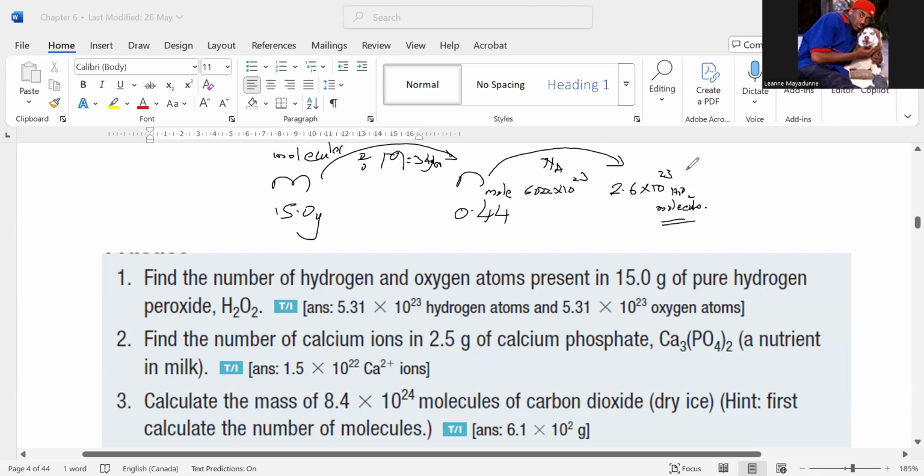And then you multiplied it by 2 because in H2O2, each molecule has two hydrogens. So the X that you chose is correct, which gives you the number 5.3 into 10 raised to 23 atoms. So specify hydrogen atoms. That is the only part that is missing in your answer.